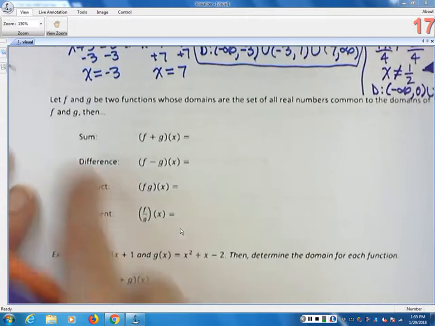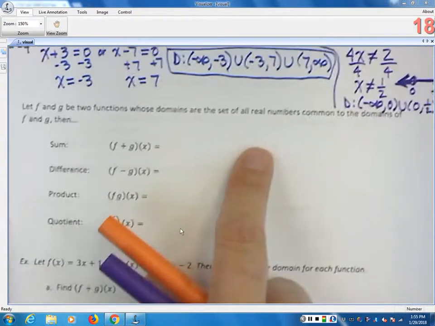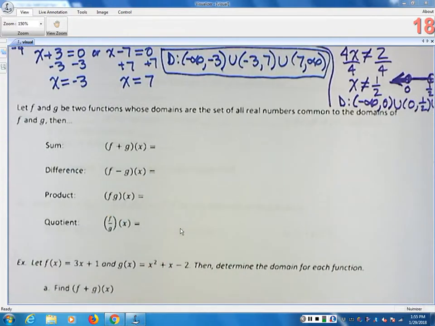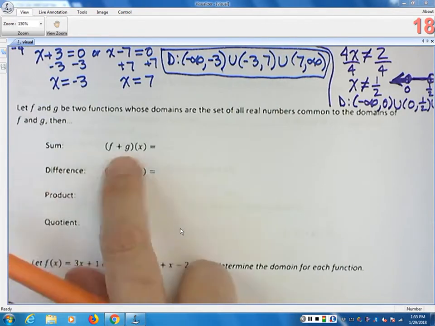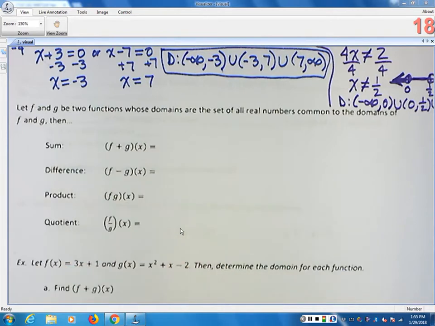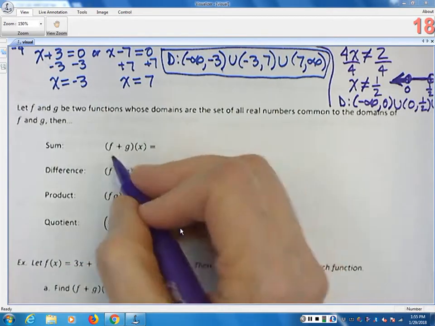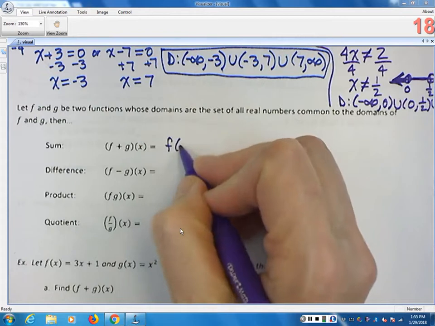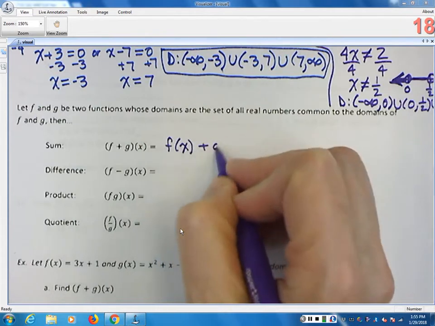Okay, now we're going to talk about combining functions. If we've got two functions, we have function notation. If we want to add two functions, how are we going to do that with function notation? This is the notation, and this just means f of x plus g of x.